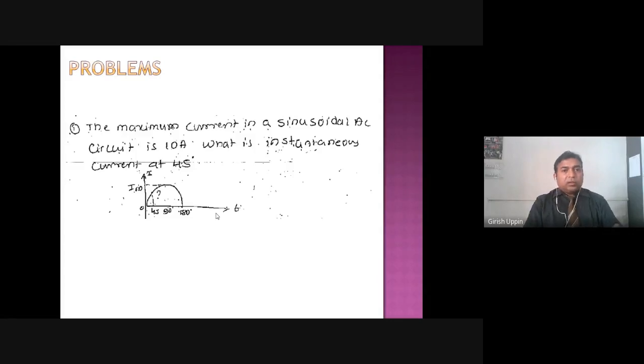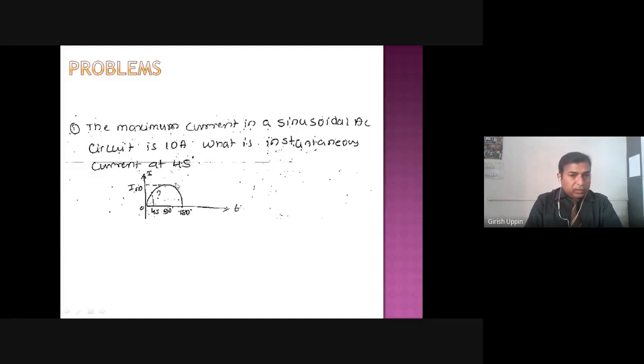Let us solve some problems. This is the example given here. The maximum current in a sinusoidal AC circuit is 10 amperes. What is the instantaneous current at 45 degrees?